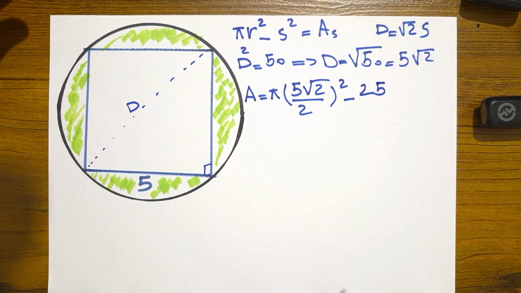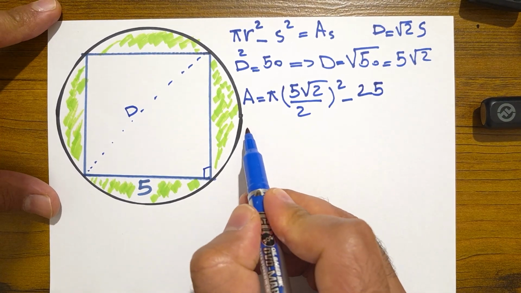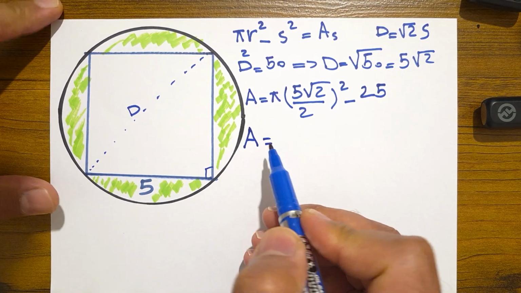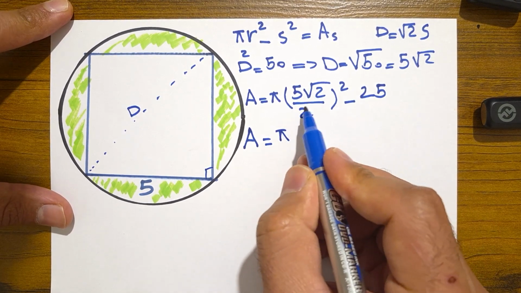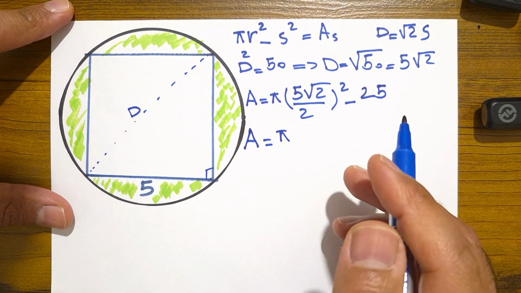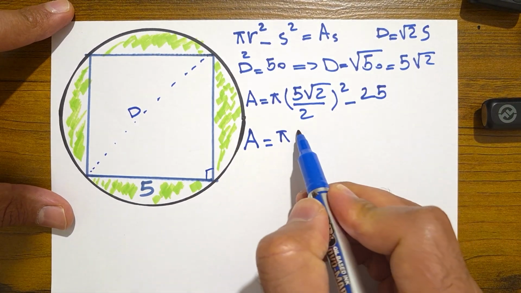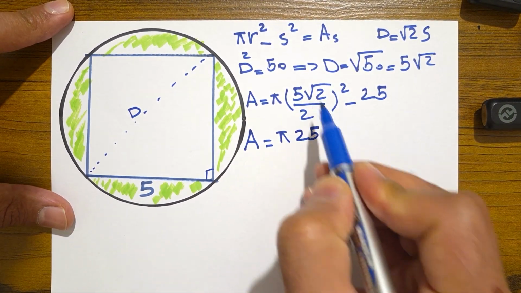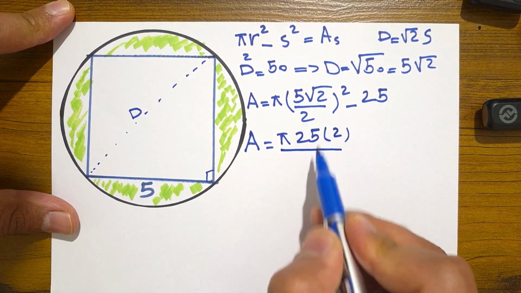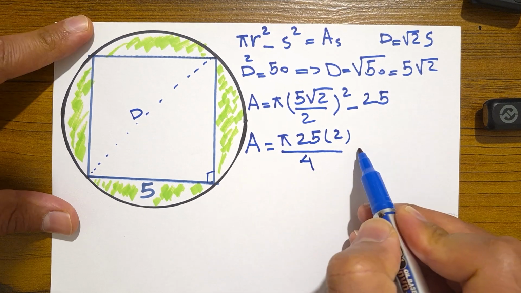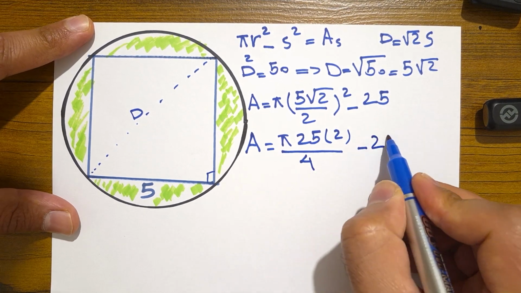Okay, let's just do the calculation. So area equals pi, then we need to raise this thing inside of brackets to the power of 2. So 25 times 2 over 2 squared, which is 4, minus 25.